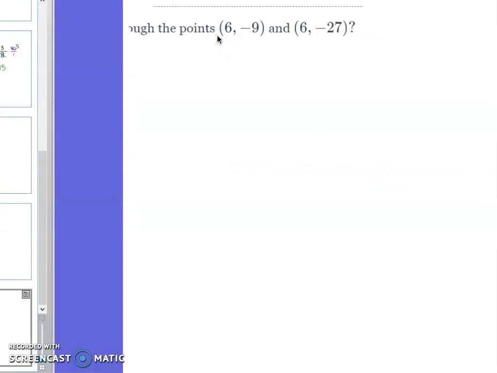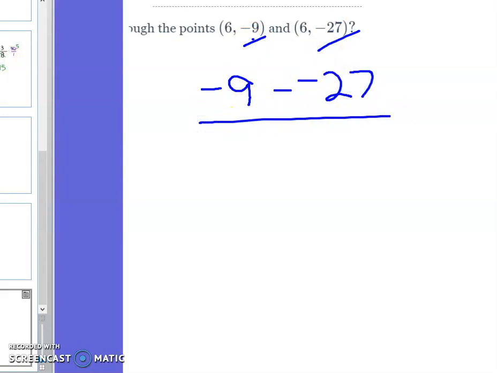So with this one, let's subtract the negative 9 minus 27, or minus negative 27, and 6 minus 6. Okay. Well, negative 9 plus 27 is 18. 6 minus 6 is 0.